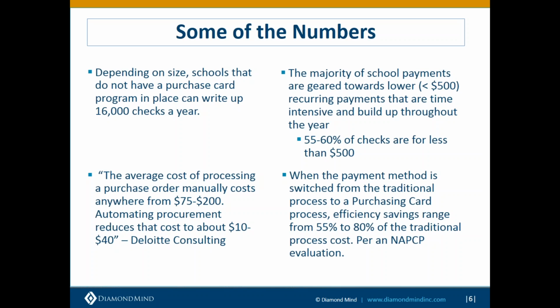And again, when the payment method is switched from traditional processing, with those manual processes requiring cardholders to use their own cards and personal information and then be reimbursed, the efficiency savings range anywhere from 55 to 80% of the traditional processing cost.